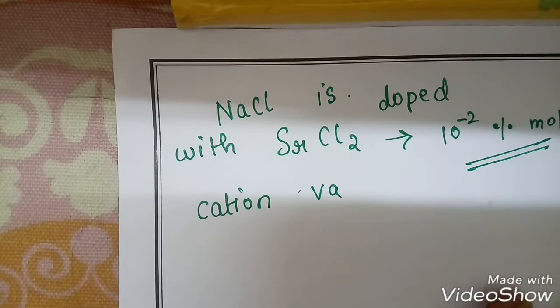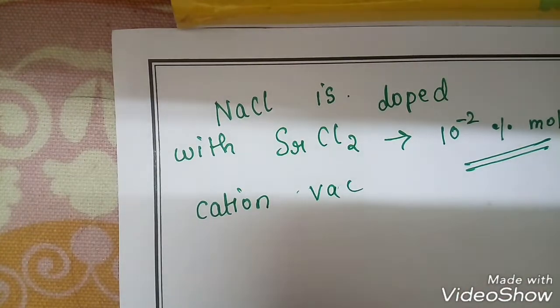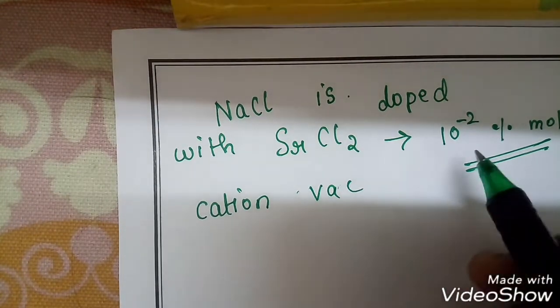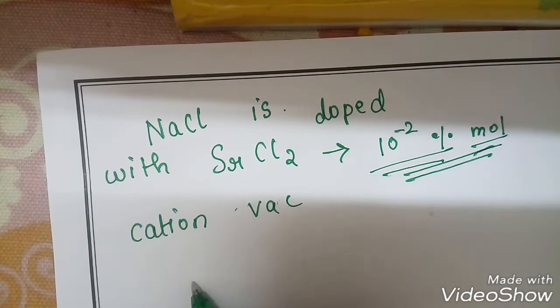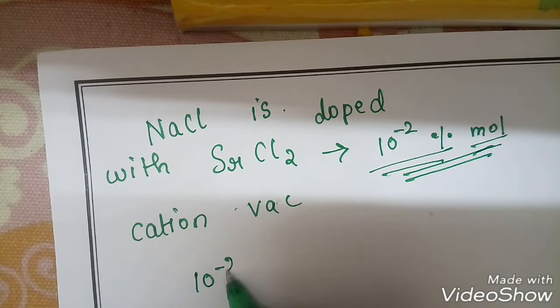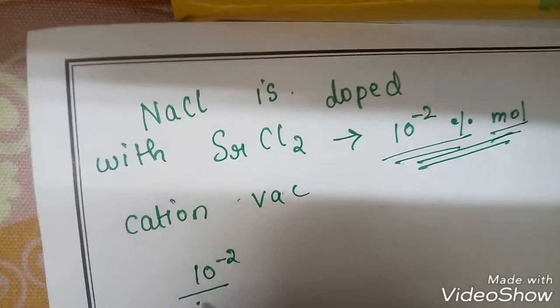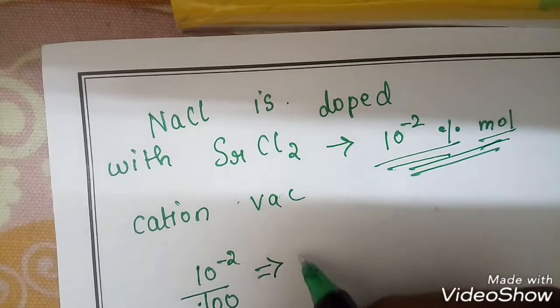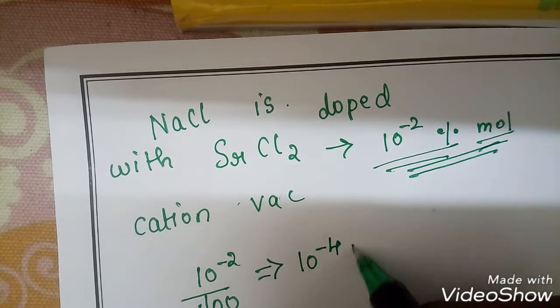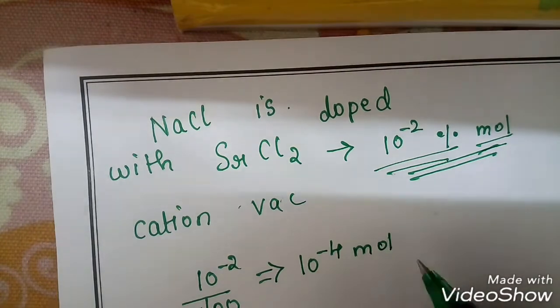Okay, so let's see how to do this. First you should convert this percentage into just moles. It's very easy. 10 power minus 2 divided by 100, you get 10 power minus 4 moles. Okay, so this part is done.